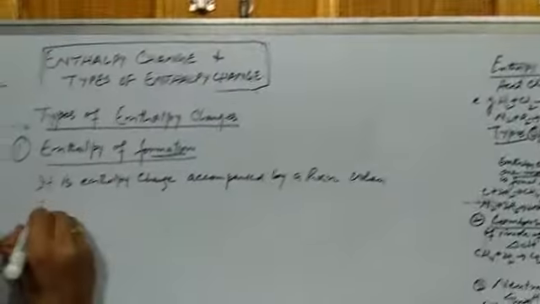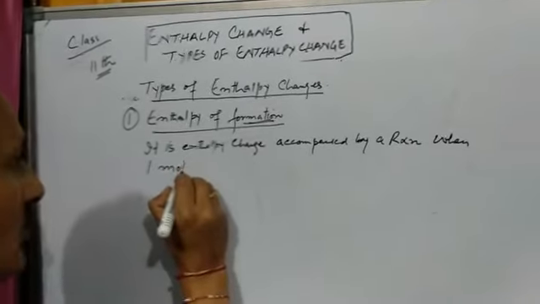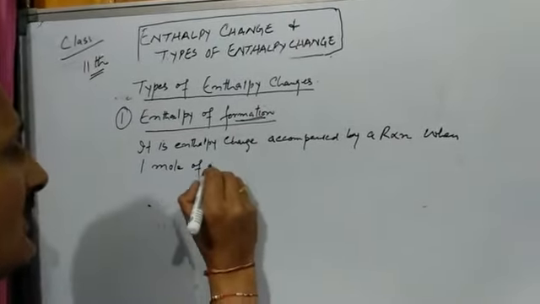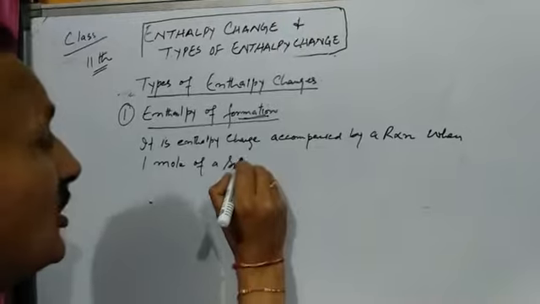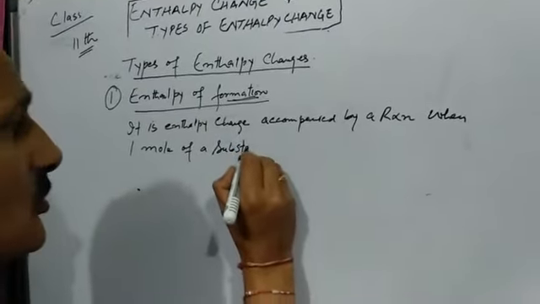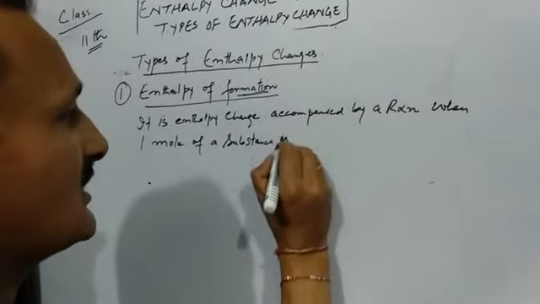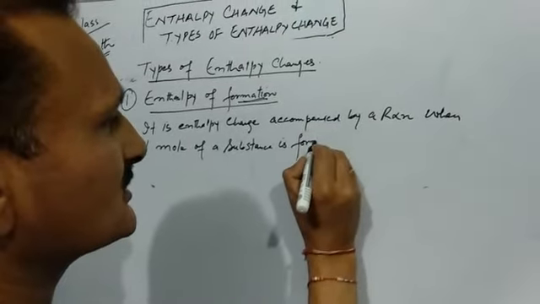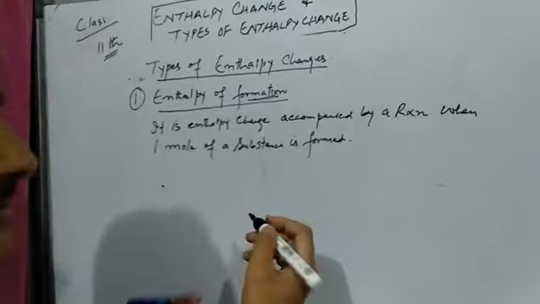When 1 mole of a substance, this is very important, 1 mole of a substance is formed, since this is enthalpy of formation, 1 mole of a substance is formed. So this is very simple.